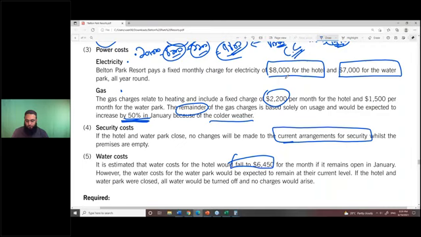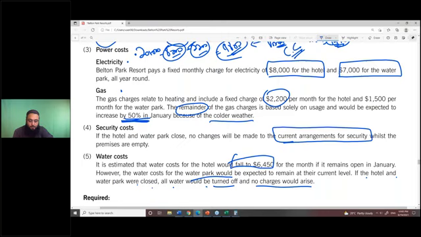Okay, from 12,900 this will come to 6,450, right? Now, however, the water cost for the water park would be expected to remain at the current level. If the hotel and water park were closed, all water would be turned off and no charges would arise.